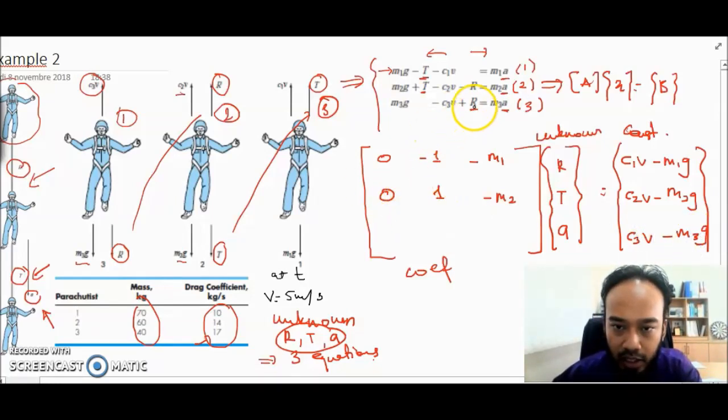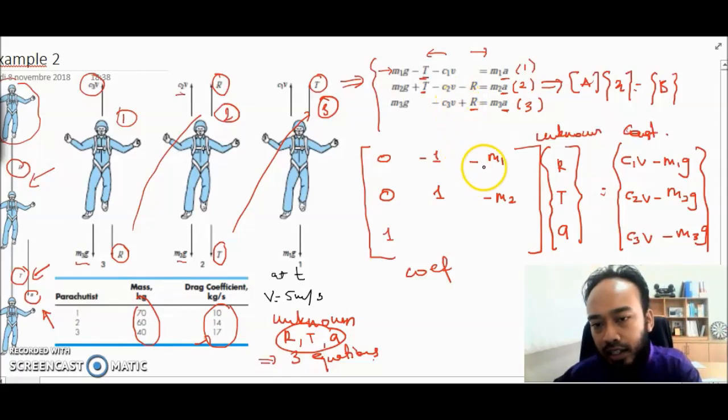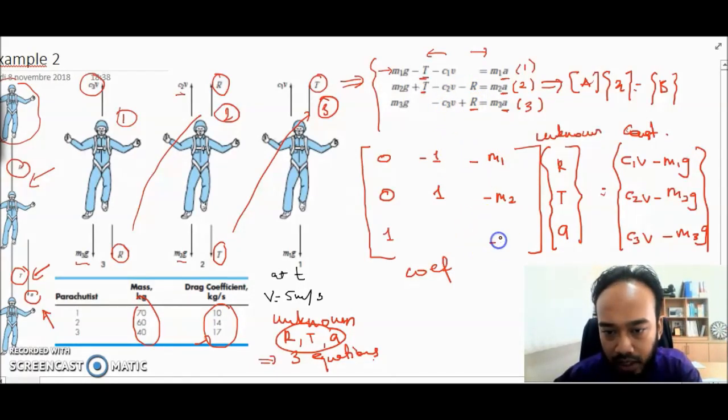The coefficients of the unknowns are 1 multiplied by R, and minus M3 multiplied by A. And there's nothing for T.